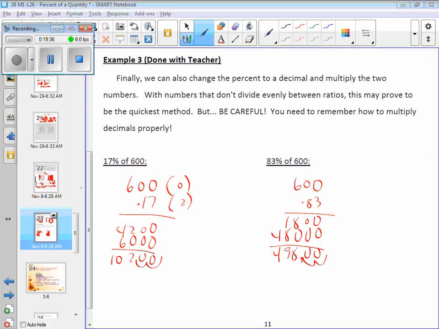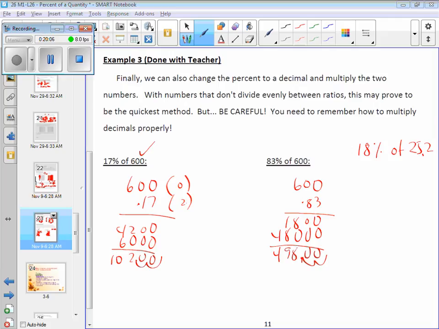I think it's the quickest way to do it. But here's your little red flag, beware. You gotta know your multiplication facts. You gotta multiply correctly. I mean, this is showing work if you want to do it this way. What makes this method the preferred method is you're going to get to eventually something like this: 18% of 25.2.